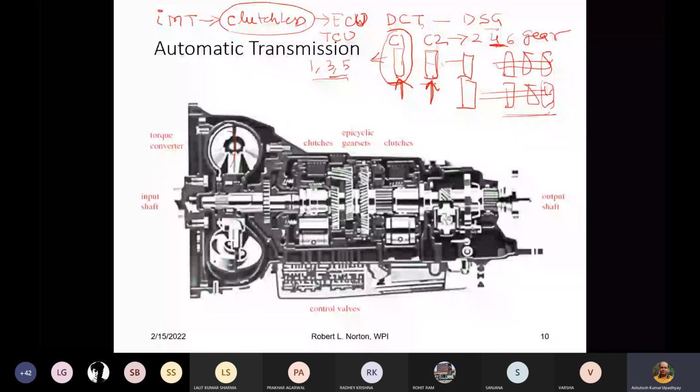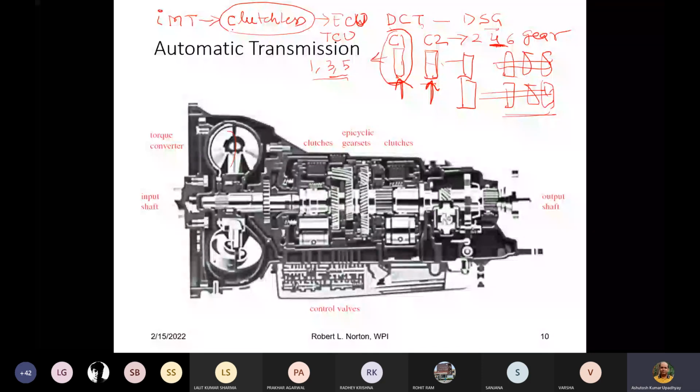So it will have a lot of things, and again it will sense whether the speed is increasing or decreasing, because you do not have the clutch, but you have to do the manual transmission. Please remember, you have to put the gear 1 2 3 4 5 6 without the clutch pedal.